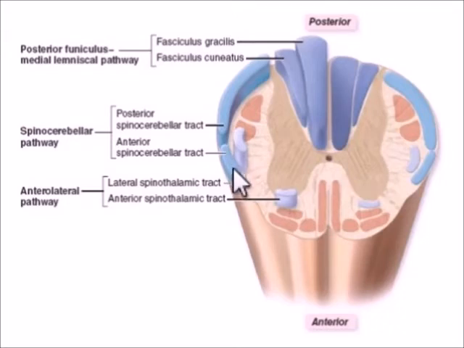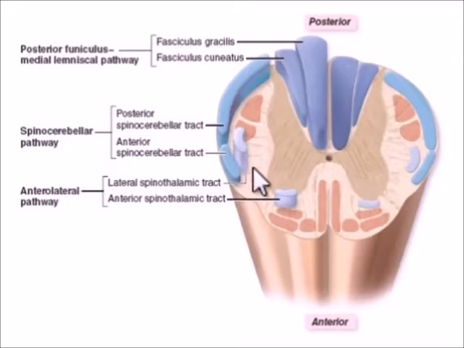You can see here the anterior spinocerebellar tract, and posterior to this is the posterior spinocerebellar tract, and these two tracts lie at the periphery of the lateral funiculus.